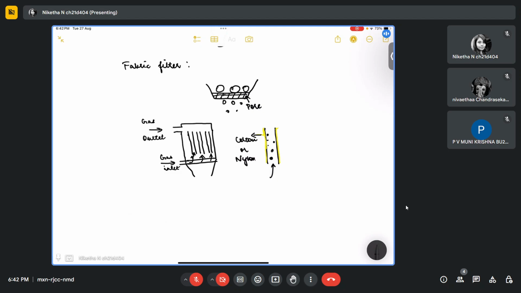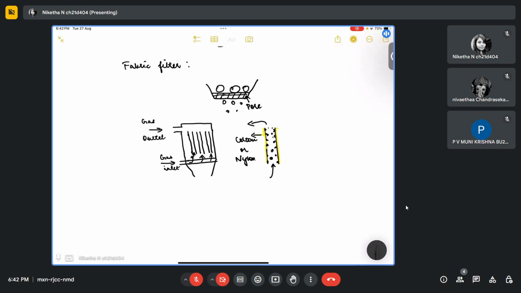Particles whose size is greater than the size of the cotton pores will get retained on the surface, and those which are lightweight will come out of the outlet.